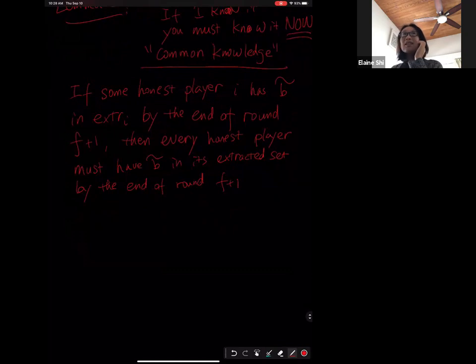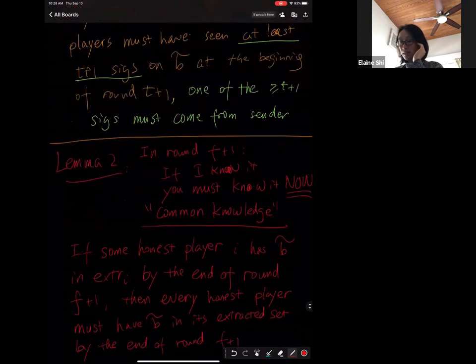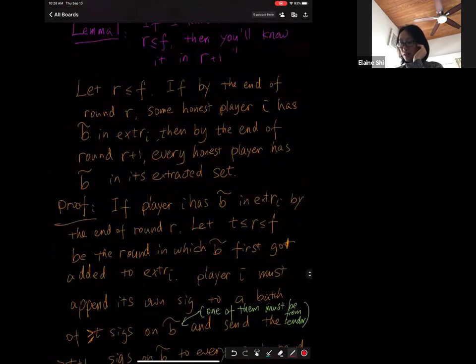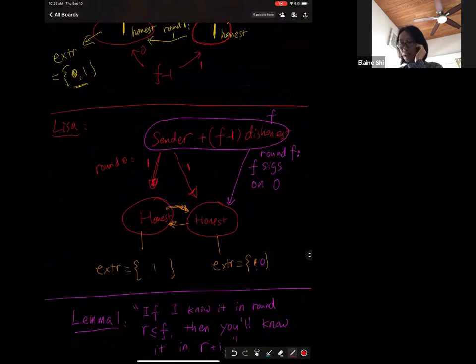Okay, so to understand this, maybe we should turn our attention back to Lisa's attack again. Whatever reason why this attack doesn't work, had the protocol been run for f plus 1 rounds, that is actually precisely the reason why we can prove the second lemma.